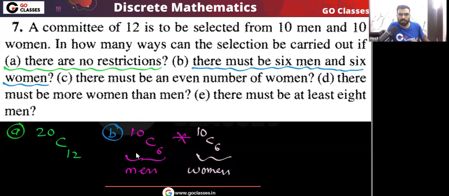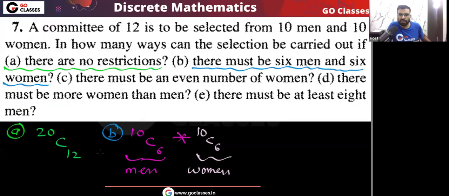Very simple. Let's see part C, that is, there must be even number of women. The part C is saying that we must have even number of women. And remember, the question is already saying this is what we want. Correct? There must be even number of women.